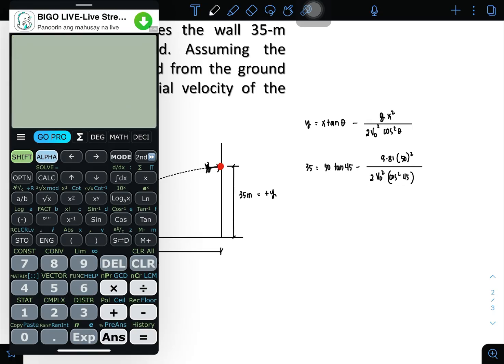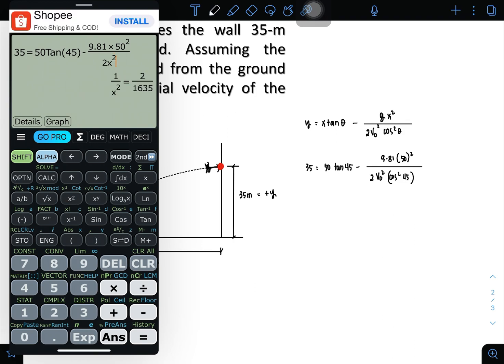Okay, so we're going to find that value of the initial velocity. So you have 35 equal to 50 tangent of 45 minus 9.81 times 50 squared divided by 2 times the square of the unknown, times cosine of 45 squared.